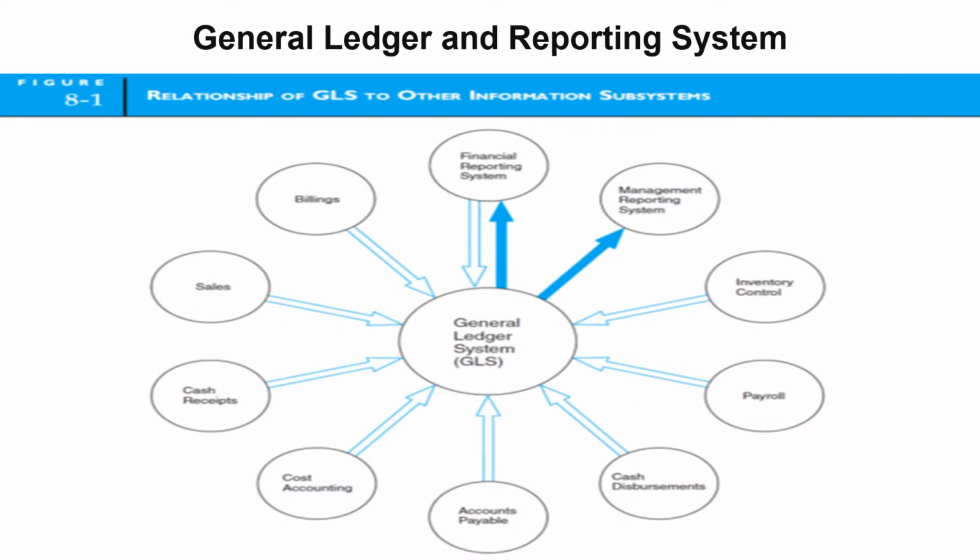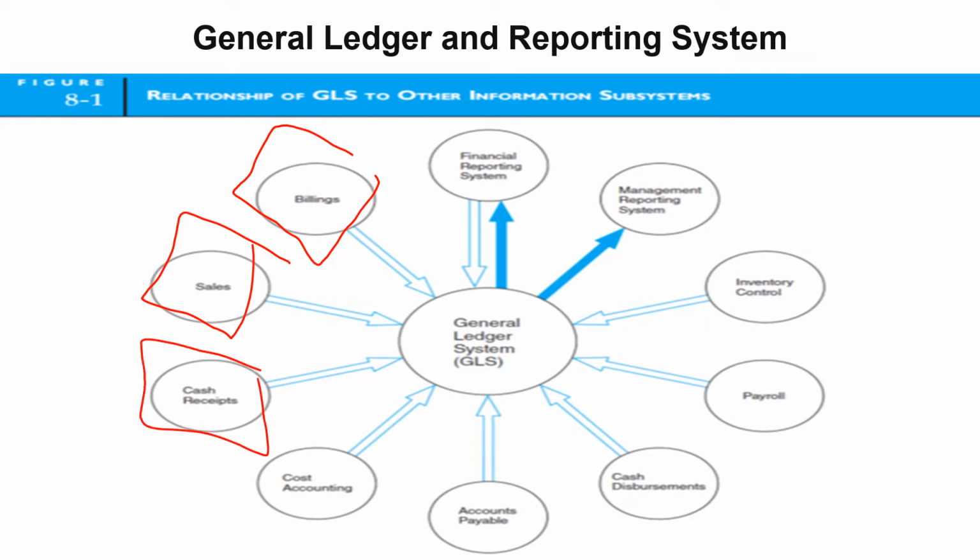This diagram explains how the general ledger system is connected to the other subsystems. For example, the general ledger system is connected to the revenue cycle, the billing system, the sales processing, as well as the cash flow. All of these under the sales or revenue system update the general ledger system.